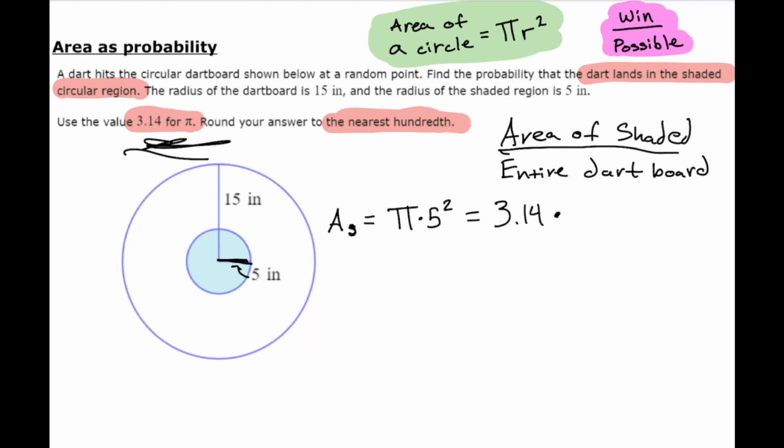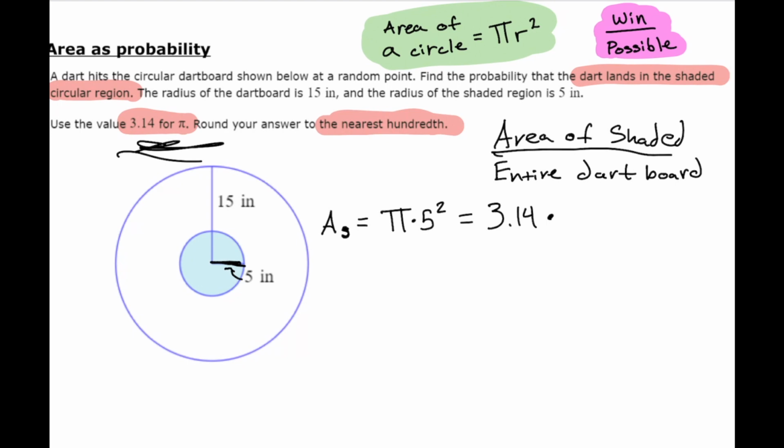And I'm actually going to do that exponent first. If you know your order of operations, that squared has got to come first. So I'm going to do that right away. And I'm going to say 5 squared is 25. If you type in 3.14 times 25, you're going to get the right answer here. 3.14 times 25, I get to be 78.5. Just like that.